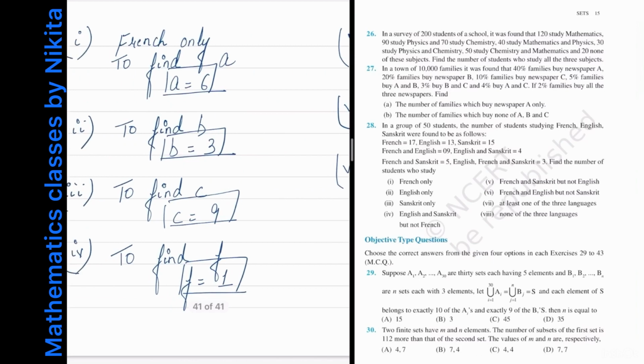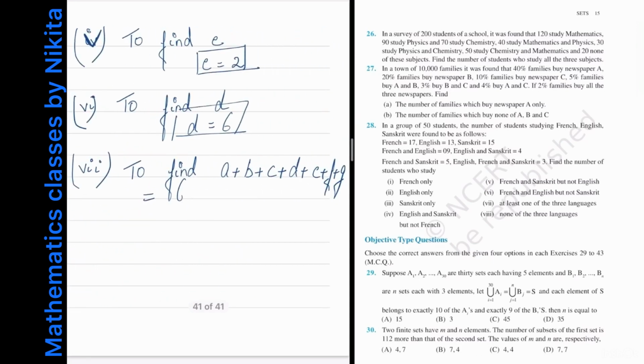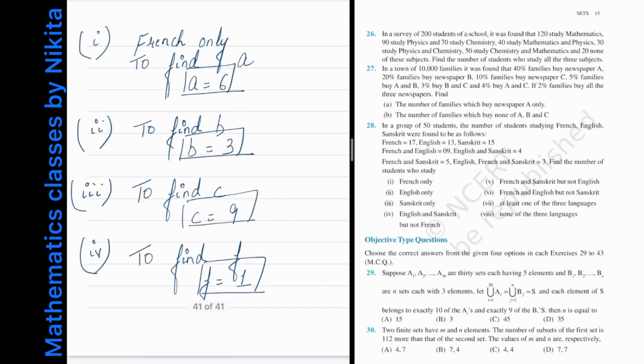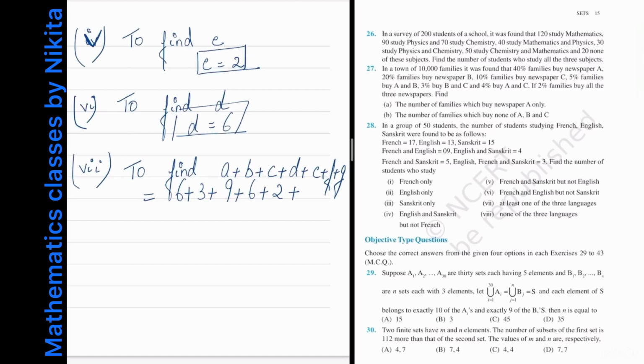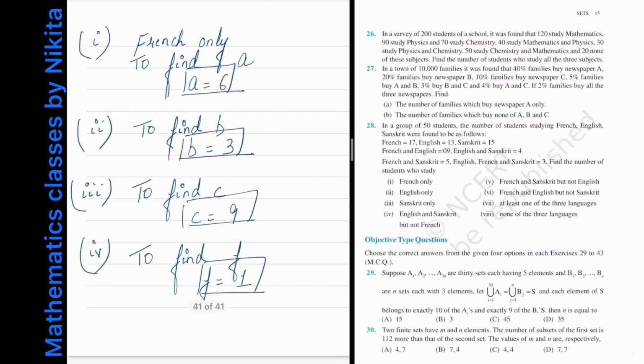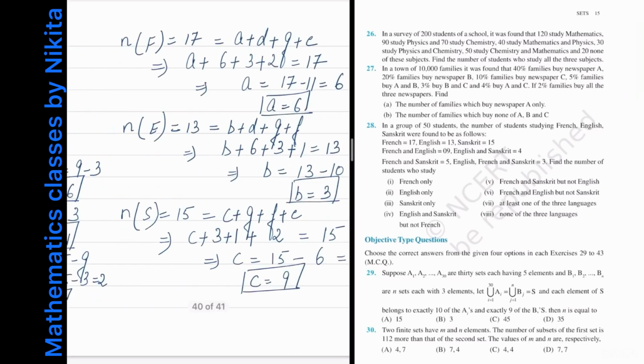So what you will get? 6 plus 3 plus 9, plus 6 plus 2, then plus 1, and then plus. Okay, so this is how we have calculated all the values. 1 2 3 4 5 6 7. So 7 values are there.